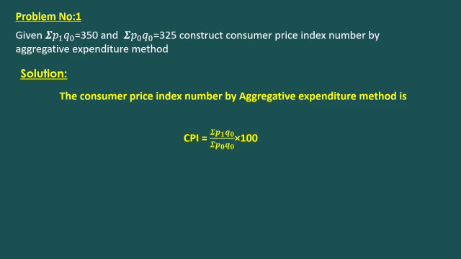Now let us substitute the given values, that is summation P1 Q0 is equal to 350 and summation P0 Q0 is equal to 325 in the formula. We get CPI is equal to 350 divided by 325 into 100, and therefore the consumer price index number is 107.6923.